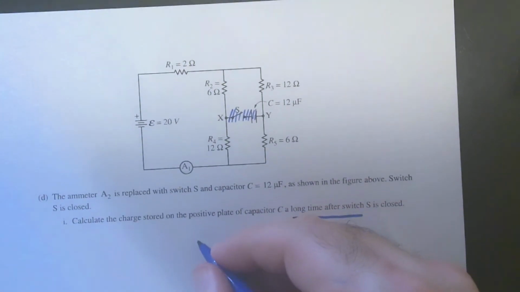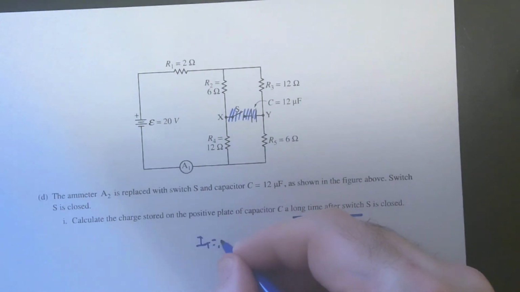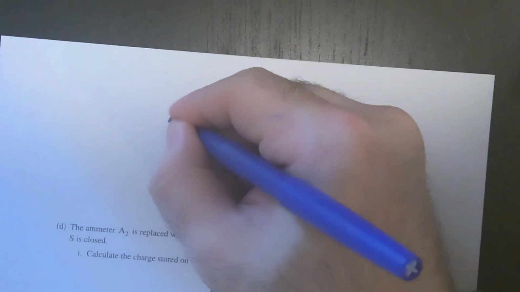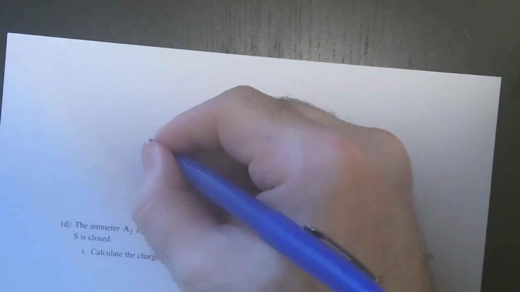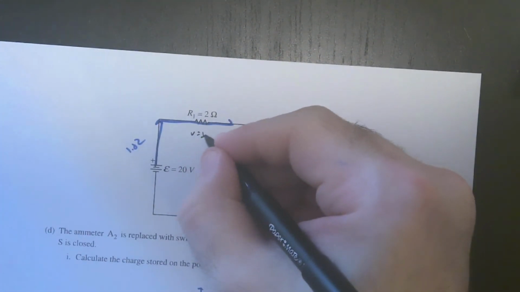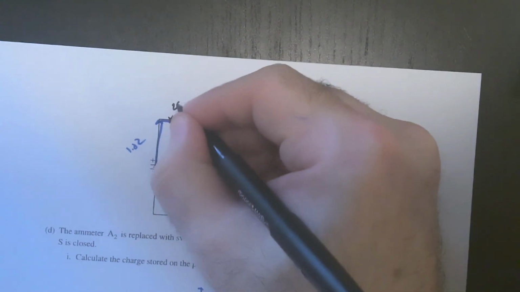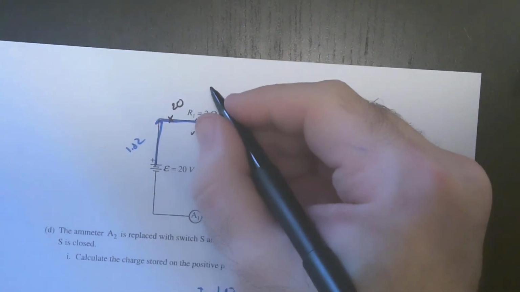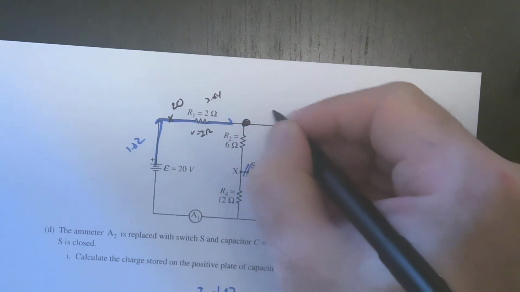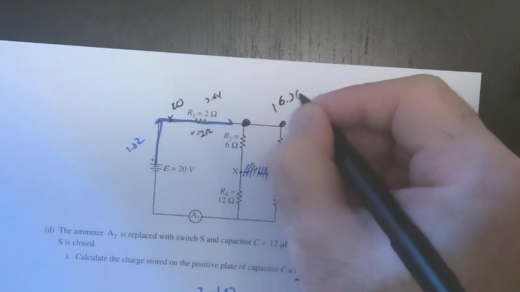We know in answer A that the beginning part, the current is 1.82. And now I'm going to do some voltage stuff. 1.82 coming out here. At this point, I'm going to use V equals IR. Here's 20 volts. I calculated the voltage loss here to be 3.64, which means the voltage at these points is 16.36.